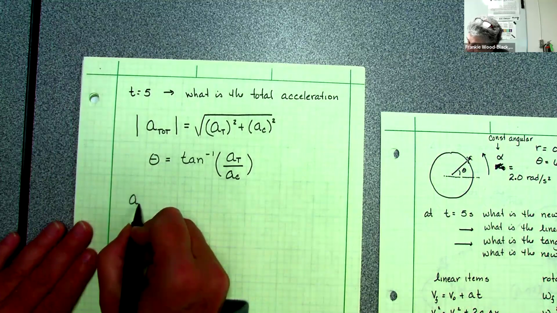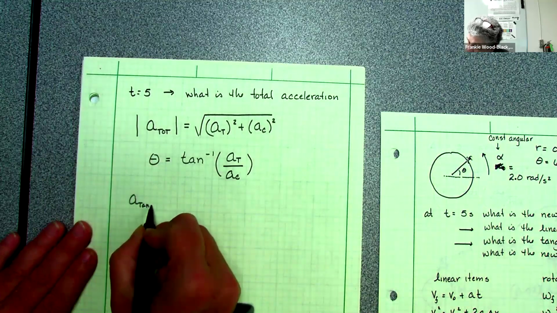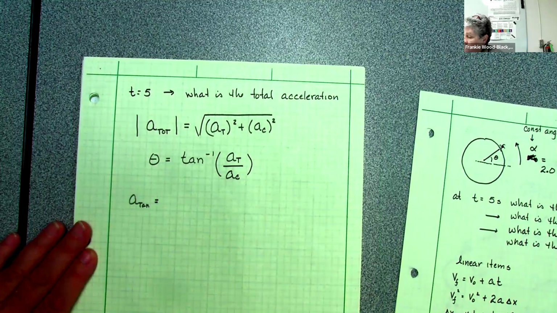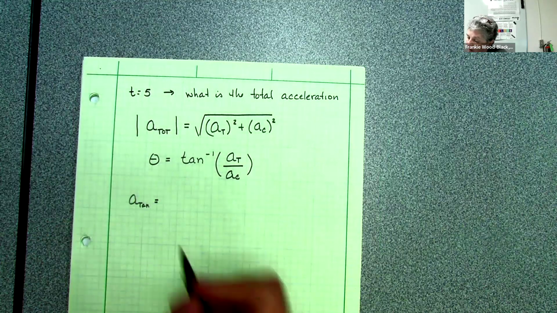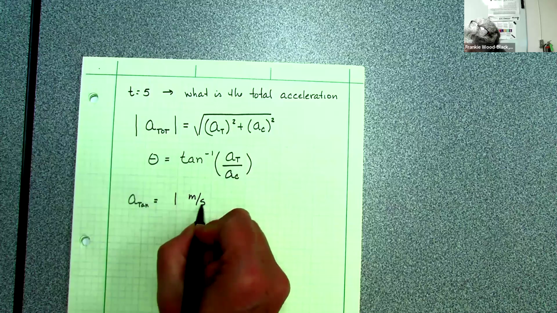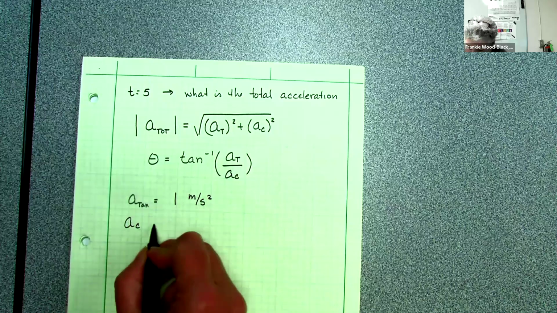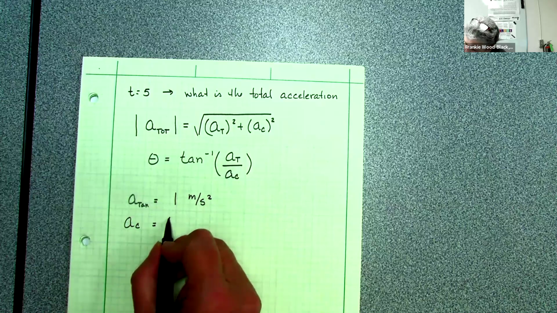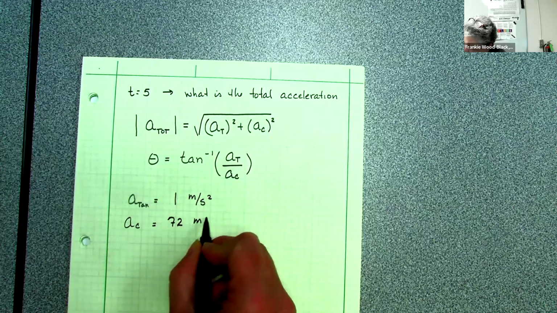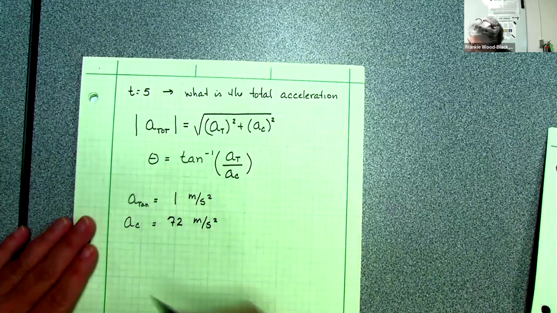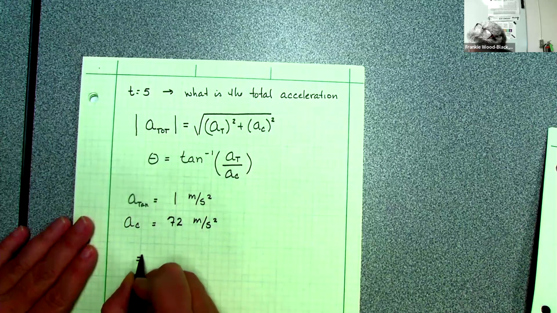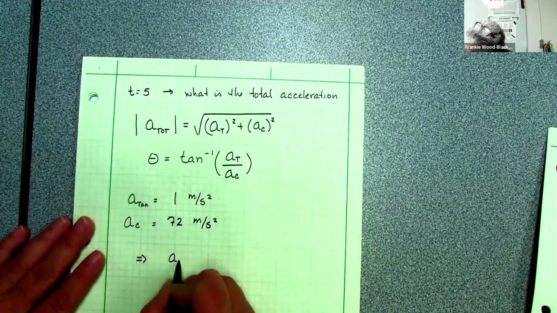We already found that my tangential acceleration for this one was equal to 1 meter per second squared. My centripetal acceleration was equal to 72 meters per second squared. So if I plug in those numbers, I'm going to get the magnitude.